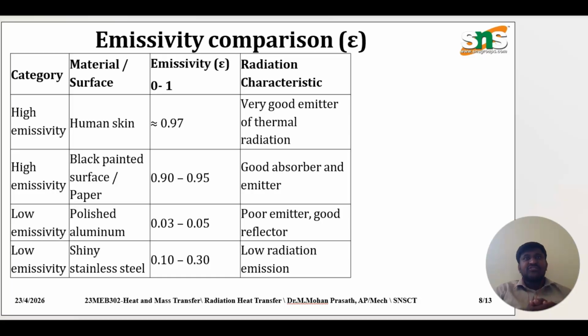Next, polished aluminum is the best example of reflecting radiation, which possesses low emissivity. The emissivity value is 0.03 to 0.05. It is a poor emitter and a good reflector. Next, the final example is shiny stainless steel. Stainless steel is a good reflector, so it possesses low emissivity, with a value of 0.10 to 0.30.